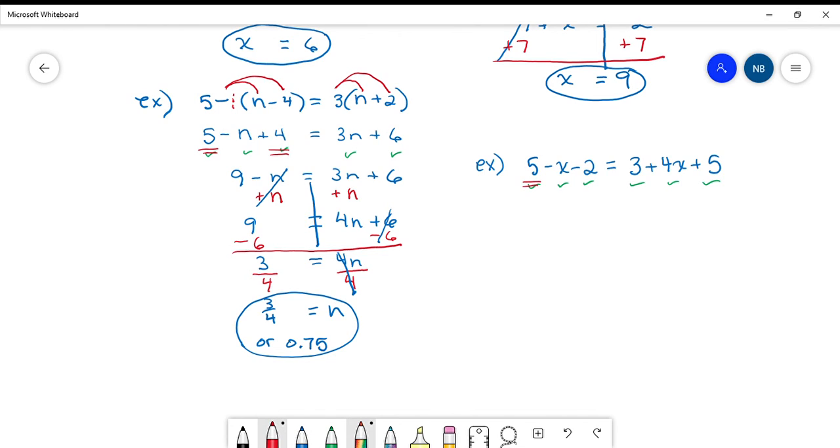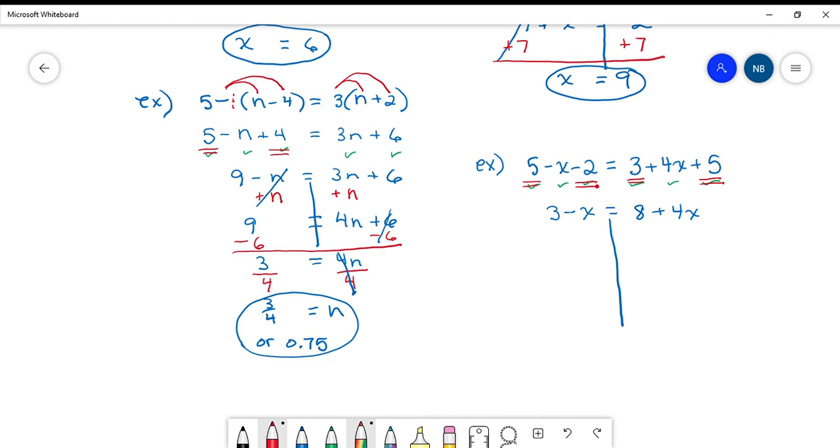We have 5 minus 2. 5 minus 2 is 3. Recopy the minus x, the equals. On the right, I have 3 plus 5, which is 8. Recopy the plus 4x. We're now ready to move things across the equals.